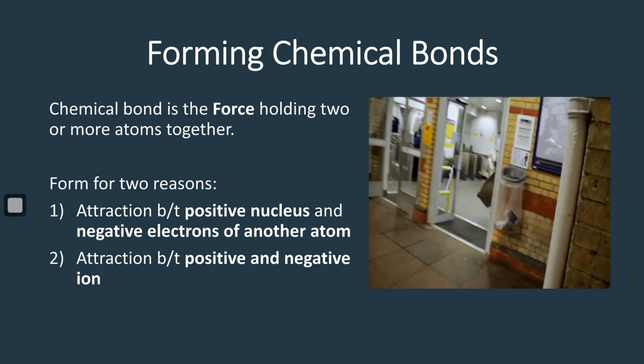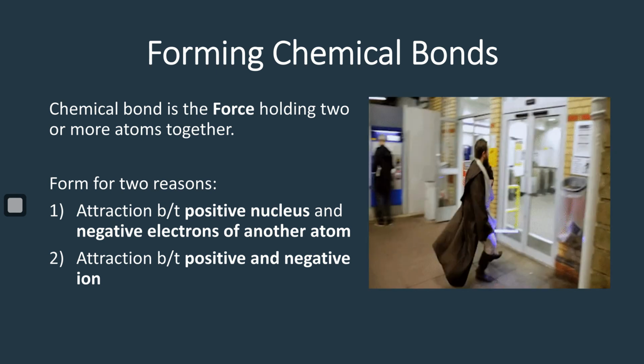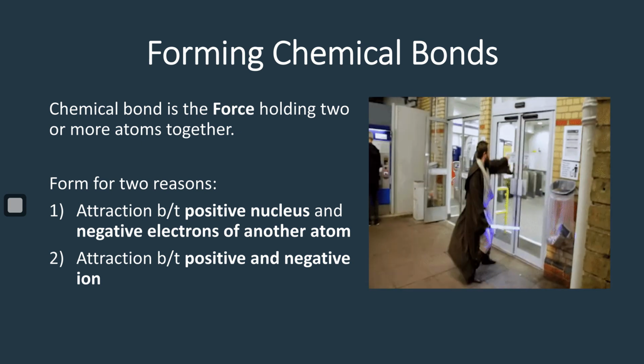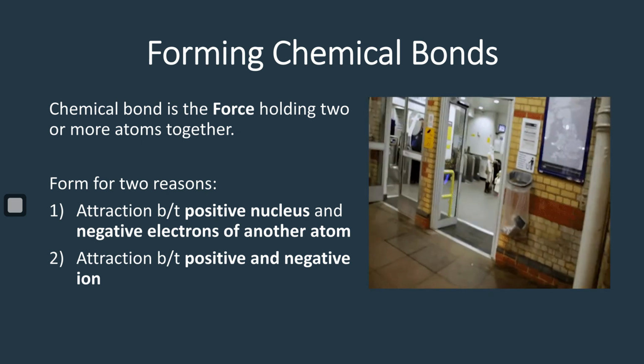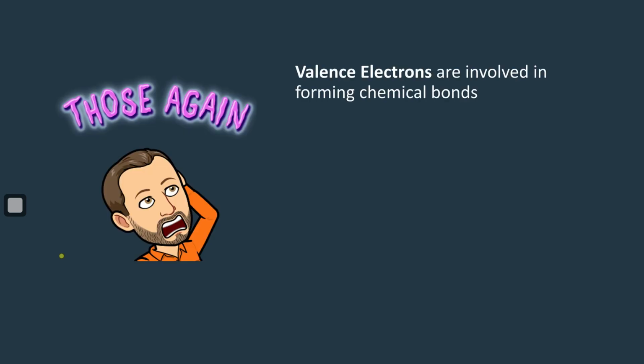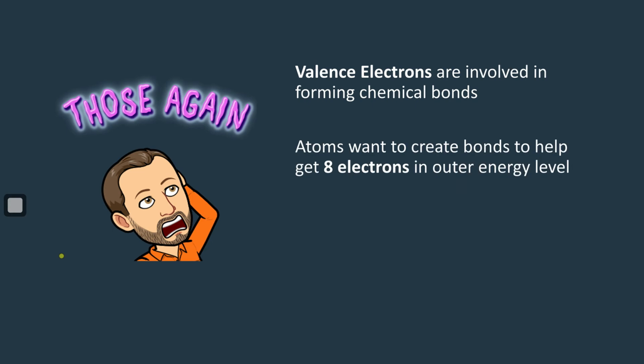All right, so either the atoms themselves actually become charged and become ions, or there's this general attraction to another atom's electrons that pulls that one closer, okay? So, we got to talk about the valence electrons again. As mentioned earlier, these are the ones involved with chemical bonds because they're on the outside. We want the atoms to be able to create that octet rule.